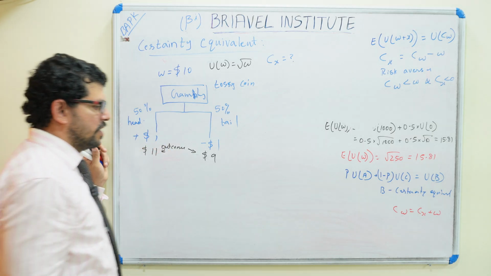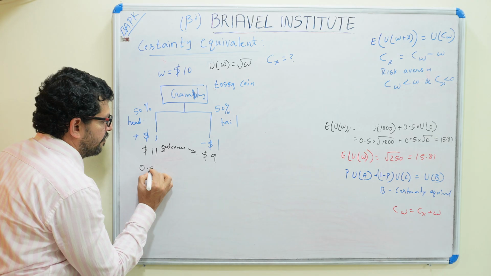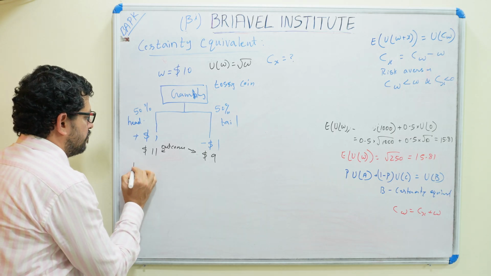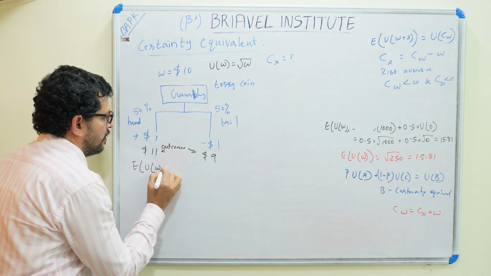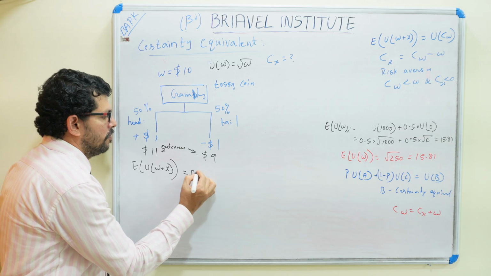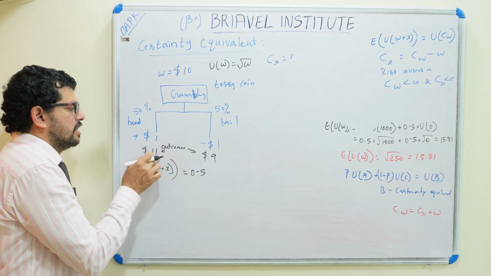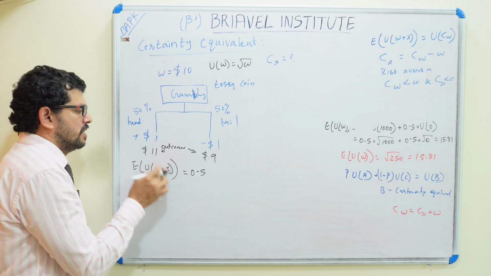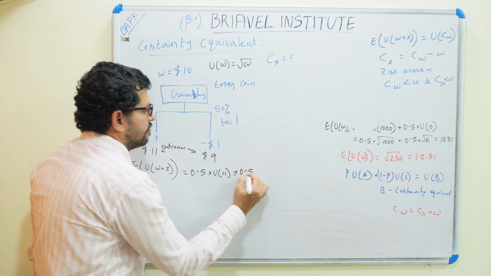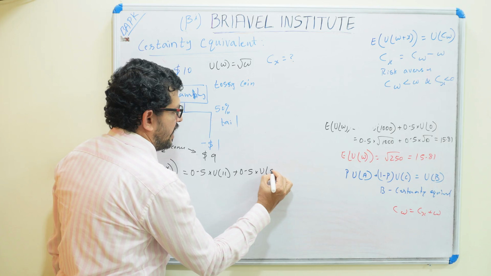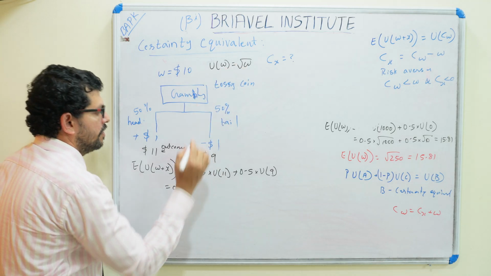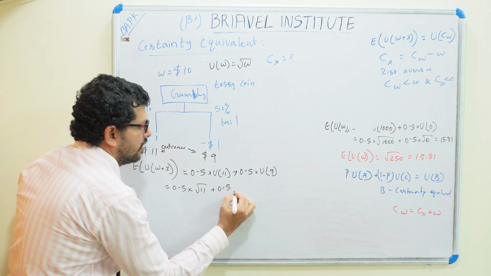So I have to find my utility. I am finding the expected utility of W plus H. Through the gambling I also added H, so the expected utility is 0.5 times U of 11 plus 0.5 times U of 9, where W is 10 plus the gambling income. The utility is root W, so 0.5 root 11 plus 0.5 root 9.